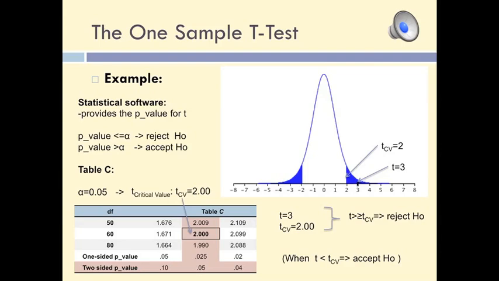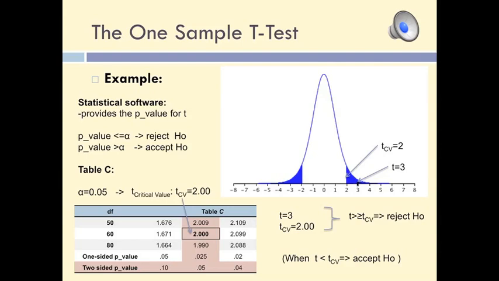And this will be our cutoff value for t. So if the t statistic is larger than the critical value, then we can reject the null hypothesis. If the test statistic t is smaller than the critical value, then we should accept the null hypothesis.